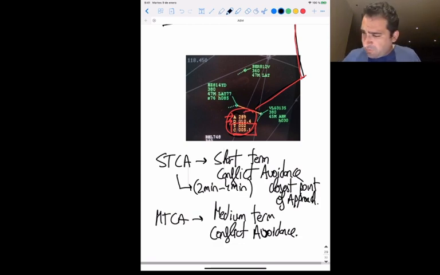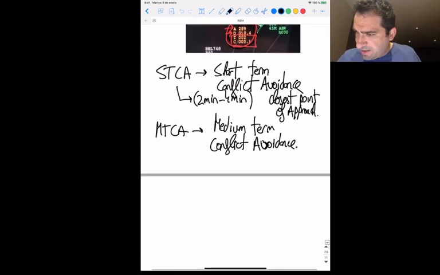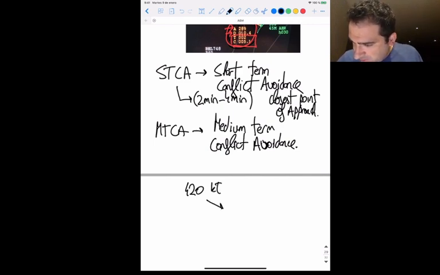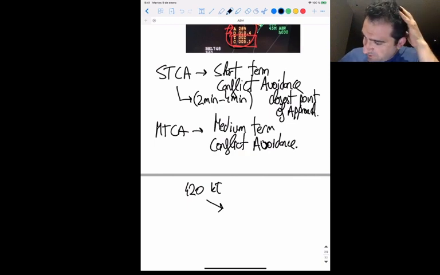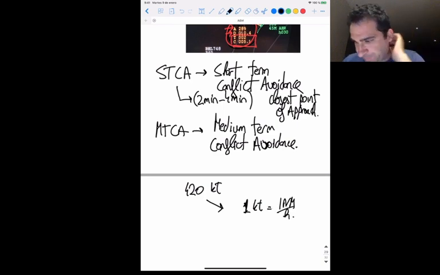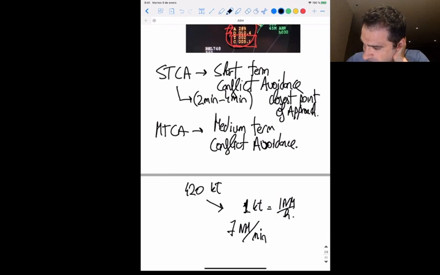Now, if we do some basic maths, say the aircraft is flying at a ground speed of 420 knots. If we know that a knot is equal to 1 nautical mile per hour, we know that this means the aircraft is flying 7 nautical miles per minute.